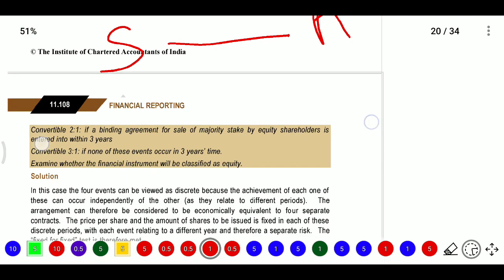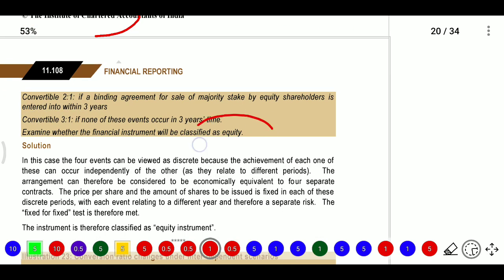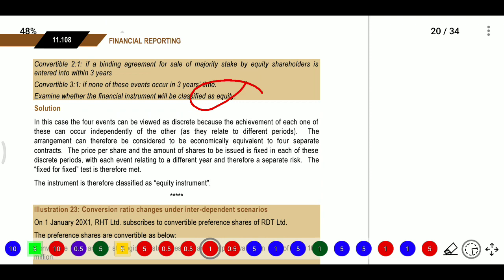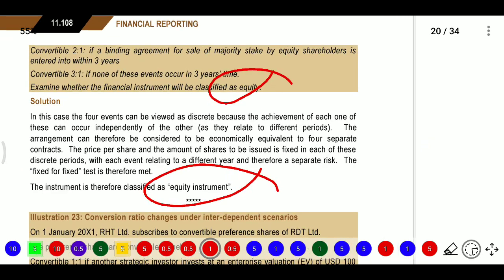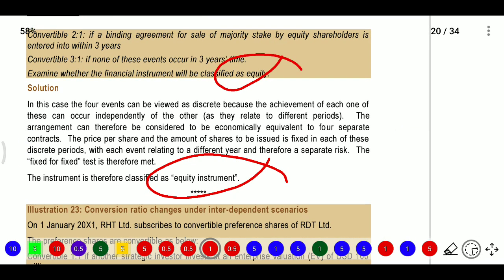Examine whether the financial instrument is classified as equity. Here we do not have any amount, so we will assume the fair value, and it will always become an equity instrument. Here the 4 events can be achieved as discrete events, because the achievement of each one can occur independently, and as they relate to different periods, the arrangement can therefore be considered economically equivalent to 4 separate contracts.